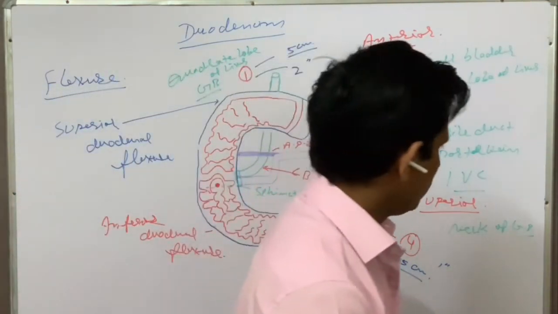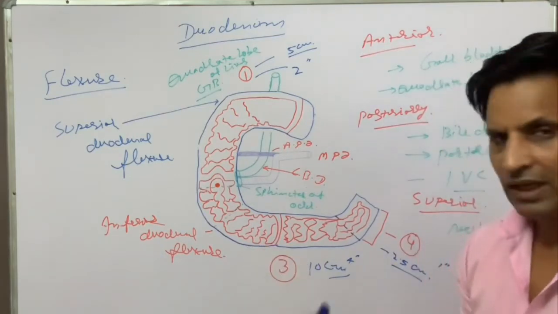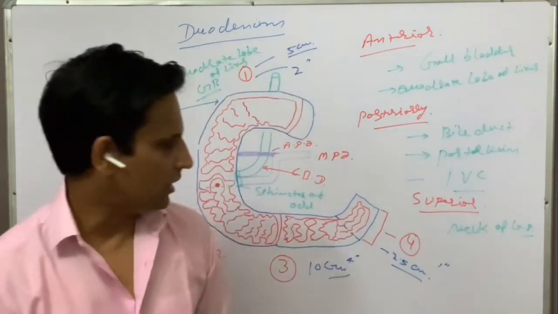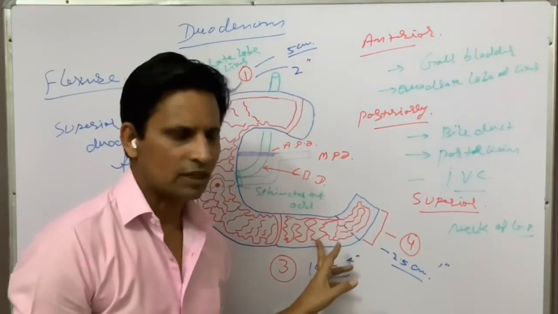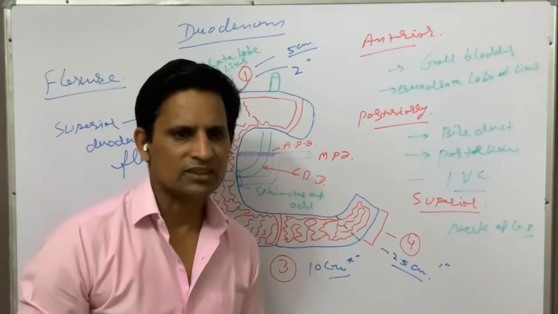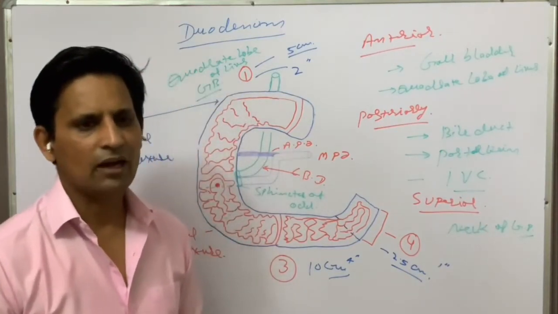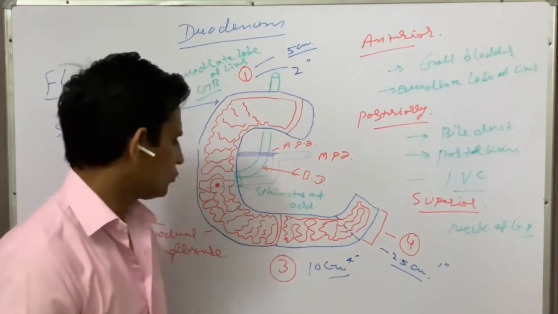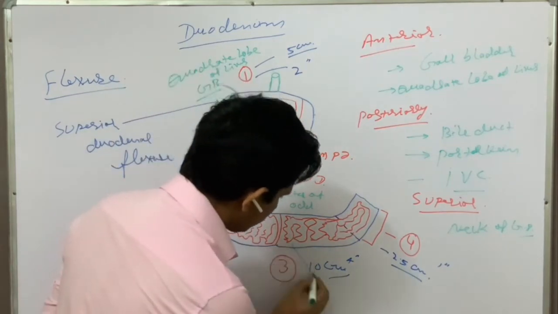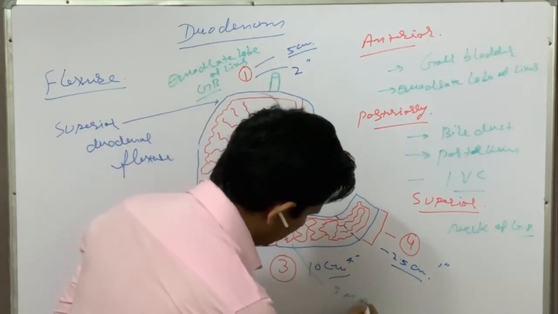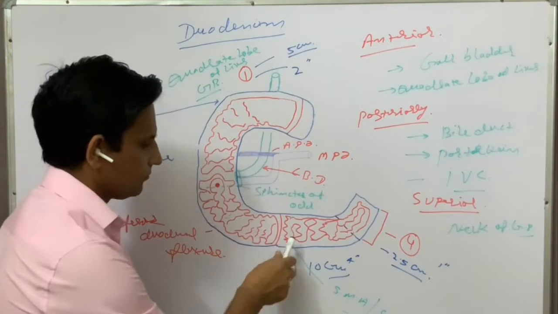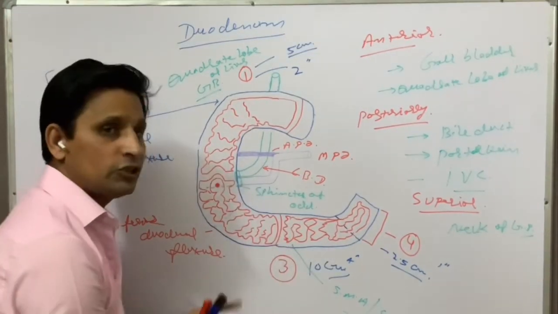One more thing I should tell you: anterior to this third part, the superior mesenteric artery and superior mesenteric vein pass anteriorly to this. So it lies posterior to these vessels.